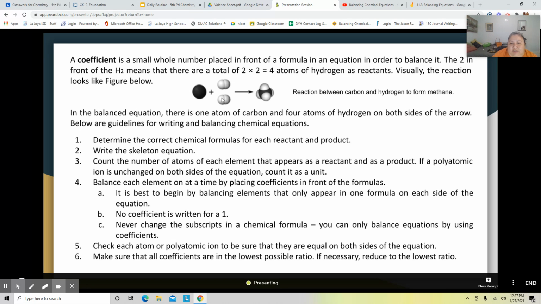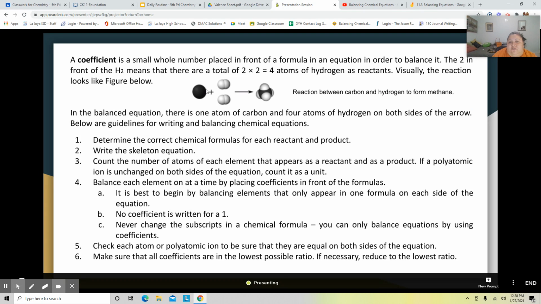Here's hydrogen gas, and there's 2 of them for a total of 4, right? 4 atoms. And you can see and you can count, okay, I got 1 carbon, 1 carbon. 4 hydrogens, 1, 2, 3, 4. Okay? This is a reaction between carbon and hydrogen to form methane.